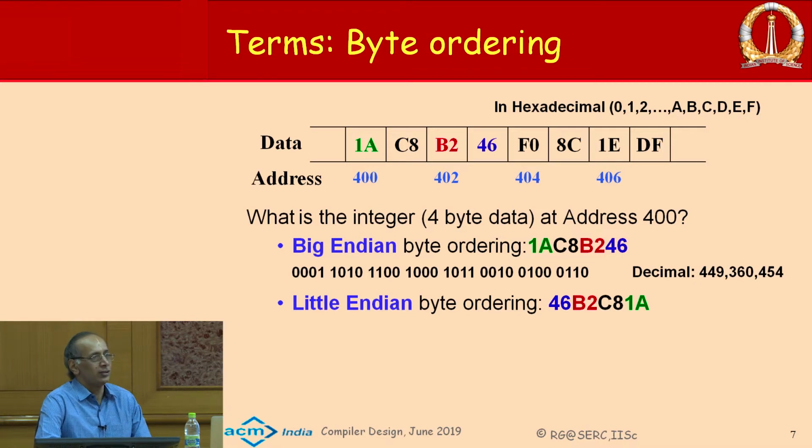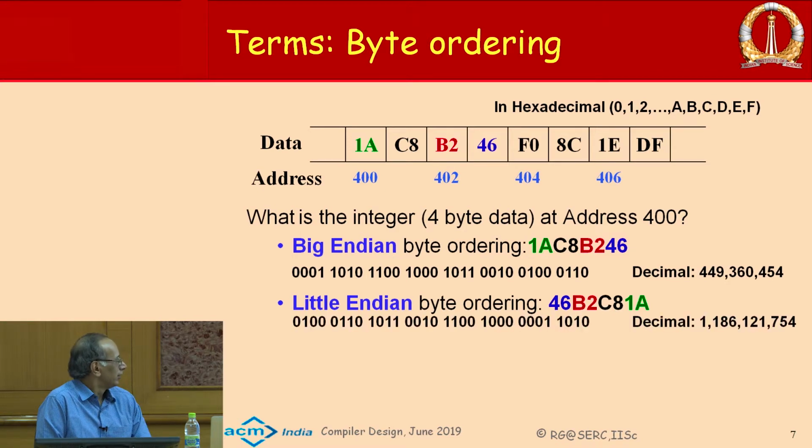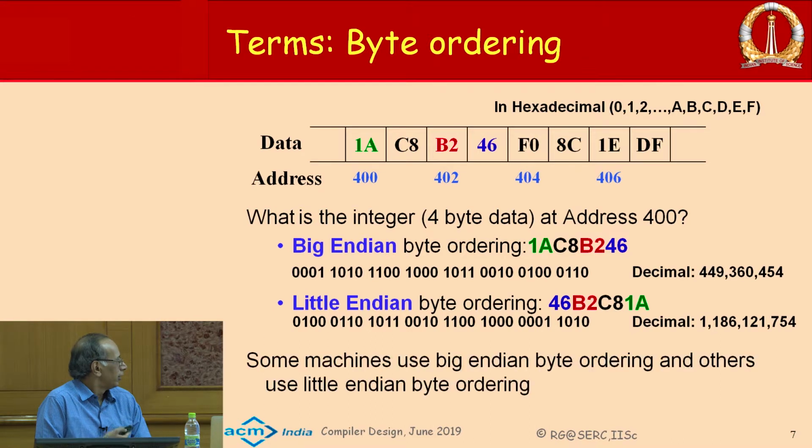Read each one as a character and then check. C allows you to do that. So it should be possible to figure out whether your computer follows big endian or little endian. Very simple. Any questions so far?